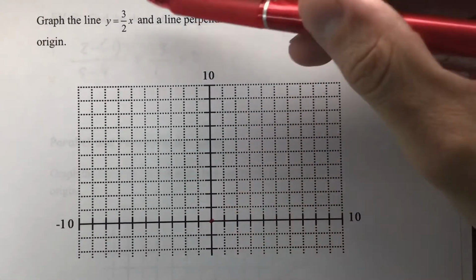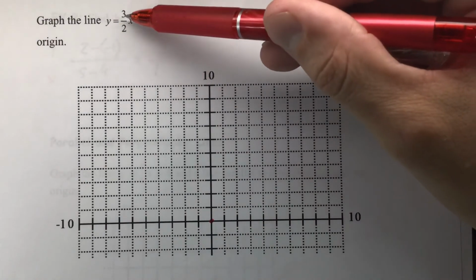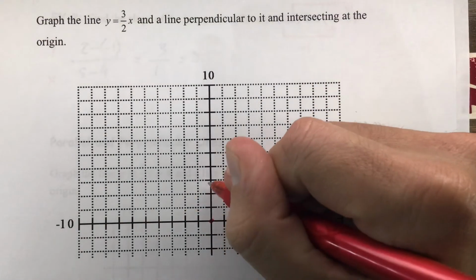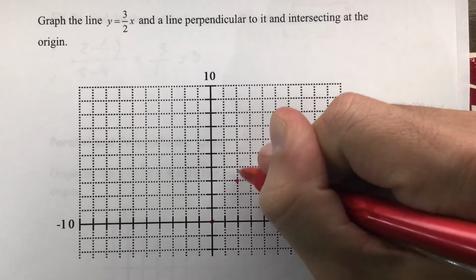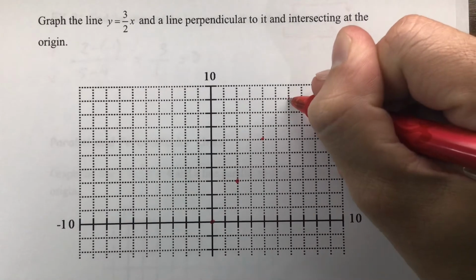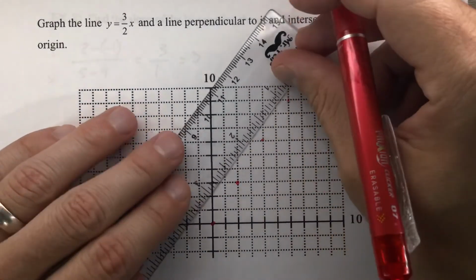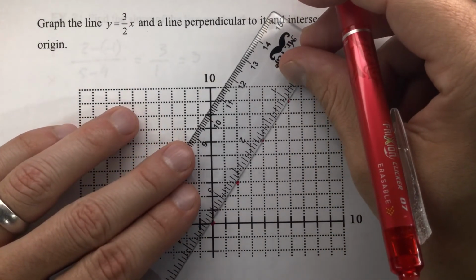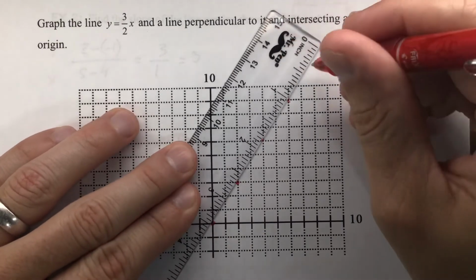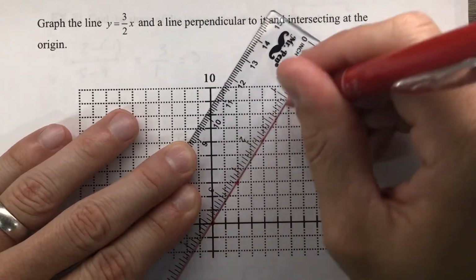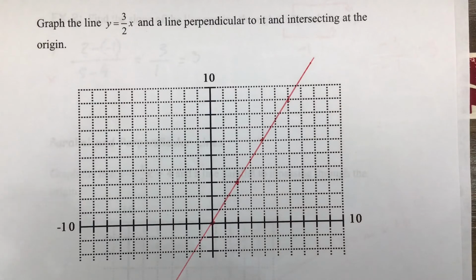From here, to graph the next point, we're going to go up 3/2, up 3/2, up 3/2. Again, do that as many times as you can that would fit on the graph, and there you are. That is our first line.